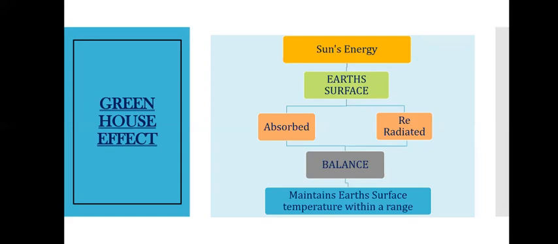And there has to be a balance maintained between the absorbed radiation and the re-radiated radiation. It is this balance, my dear friends, which is responsible for maintaining the Earth's surface temperature within a particular range. And when this temperature is maintained within a particular range, we say life is possible, life exists on Earth.